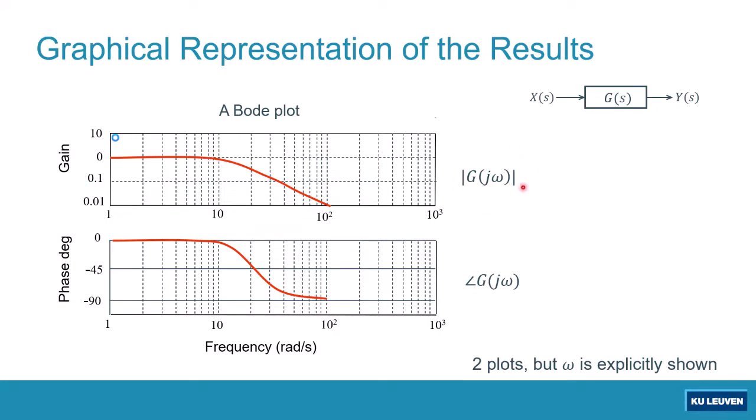And the magnitude of G(jω) technically will tell us the ratio of the amplitude of the output and the input, while the phase plot here will tell us the phase difference between the output and the input.